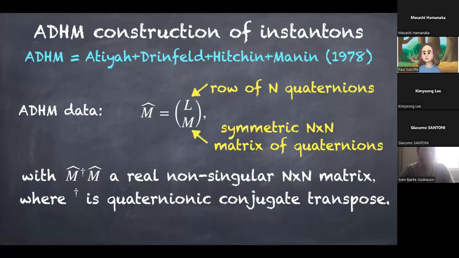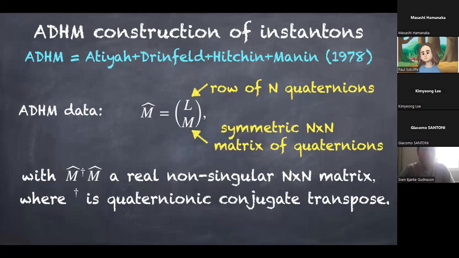That's what's called ADHM data. So it's just some big matrix of quaternions. And to be ADHM data, it has to satisfy the constraint that if I take this matrix and multiply on the left by its quaternionic conjugate transpose, then that has to be real and non-singular. So that will be some m by m matrix. In principle, it could have lots of quaternionic bits in it, but they all have to vanish.